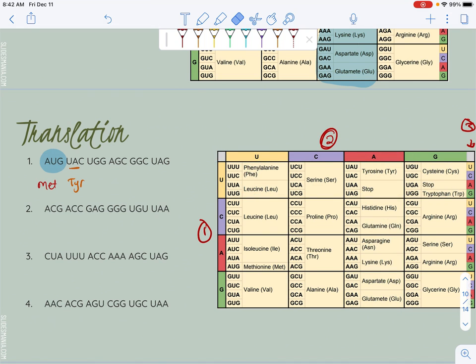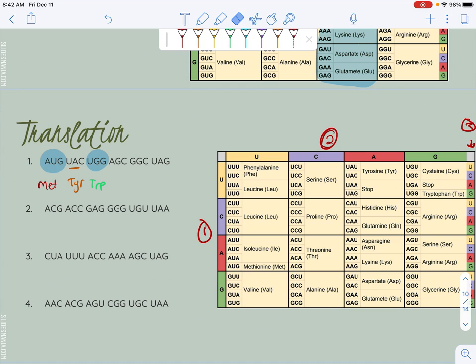Okay, next one. UGG, that's going to be the U row and the G column. So I'm looking in this box right here. UGG is right down here. It is tryptophan, TRP.